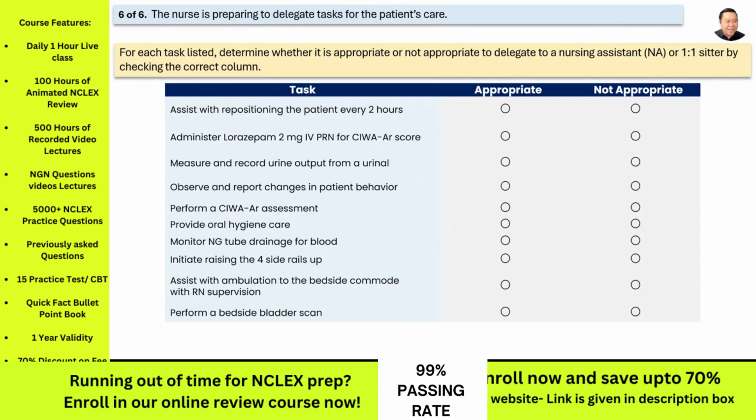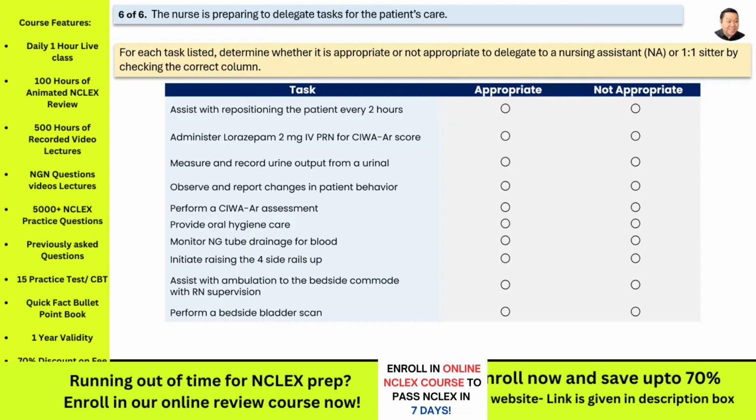So the case says the nurse is preparing to delegate tasks for the patient's care. For each task listed, determine whether it is appropriate or not appropriate to delegate to a nursing assistant or one-to-one sitter by checking the correct column.